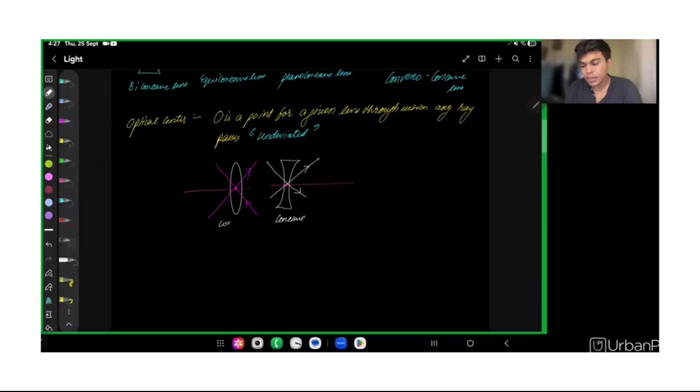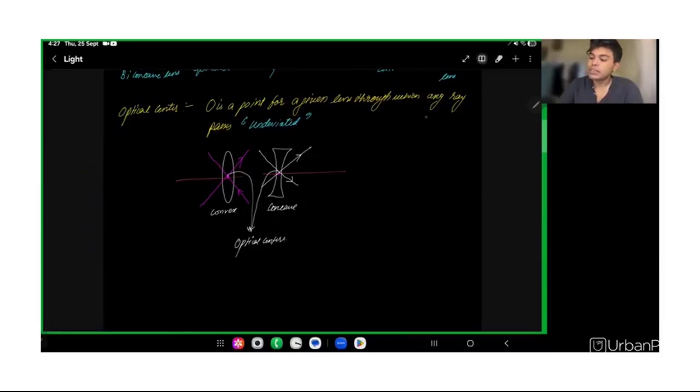Given these two are optical centers, got the definition, right?